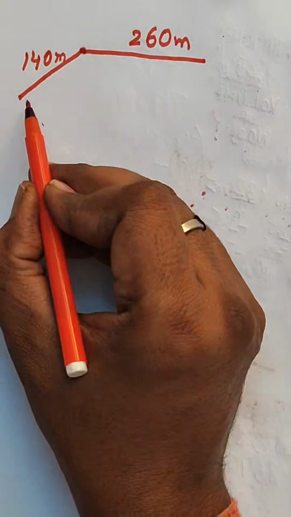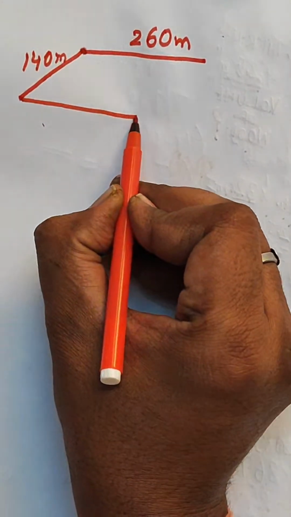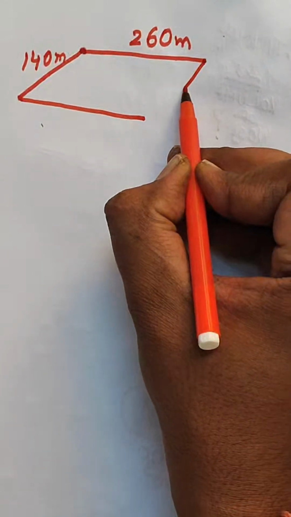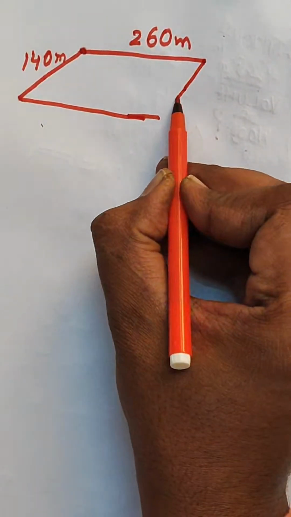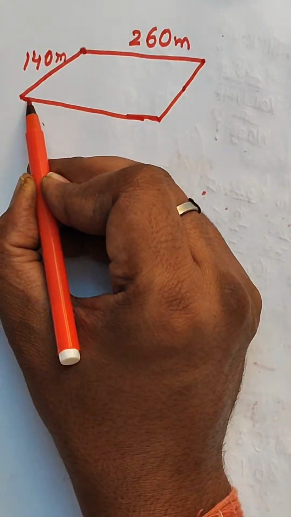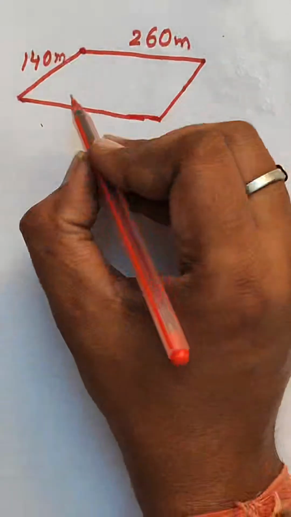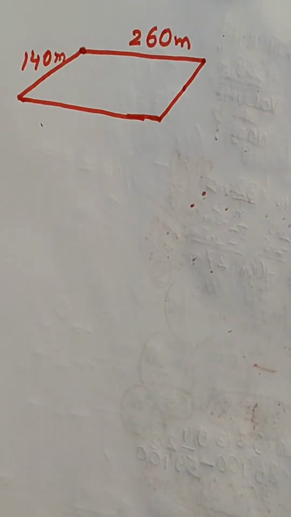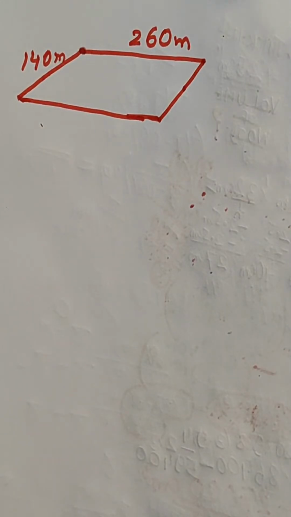So this is a swimming pool. Don't see it as a parallelogram. It will be a rectangular shape. So in this pool, some water is contained. Some water is there inside this swimming pool.